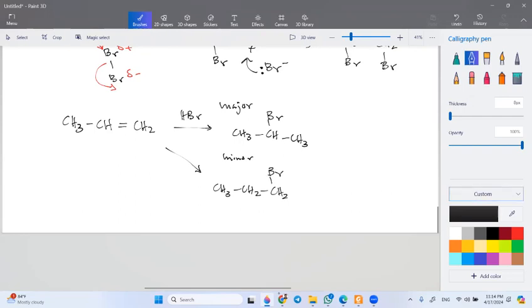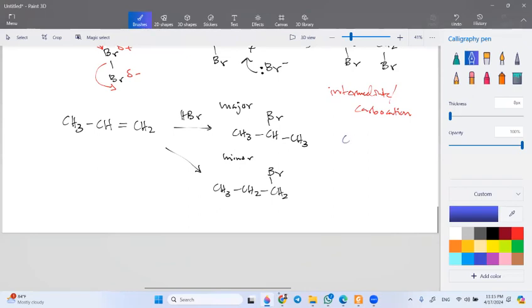Now, in order to explain this major product and minor product, I'll take the intermediate carbocation. Intermediate carbocation means, children, just before Br minus hits this.